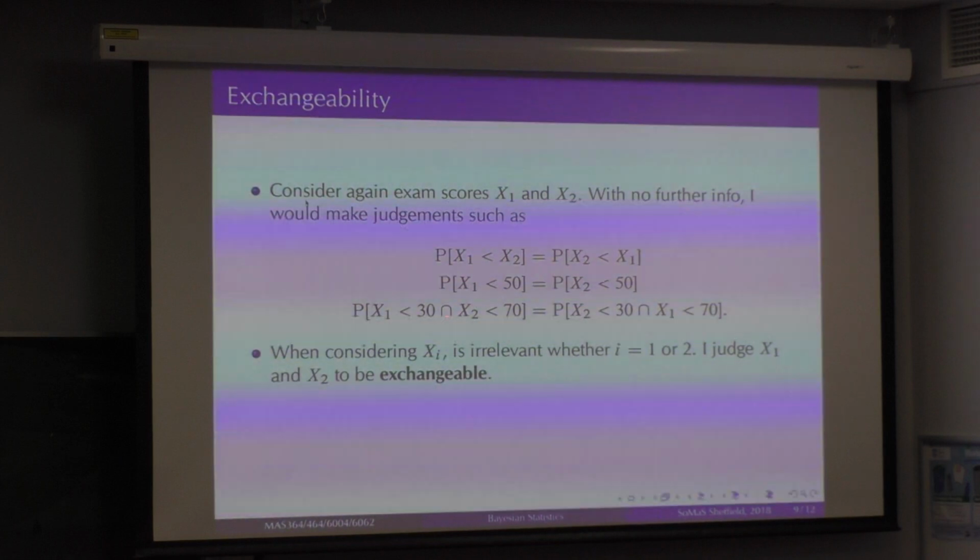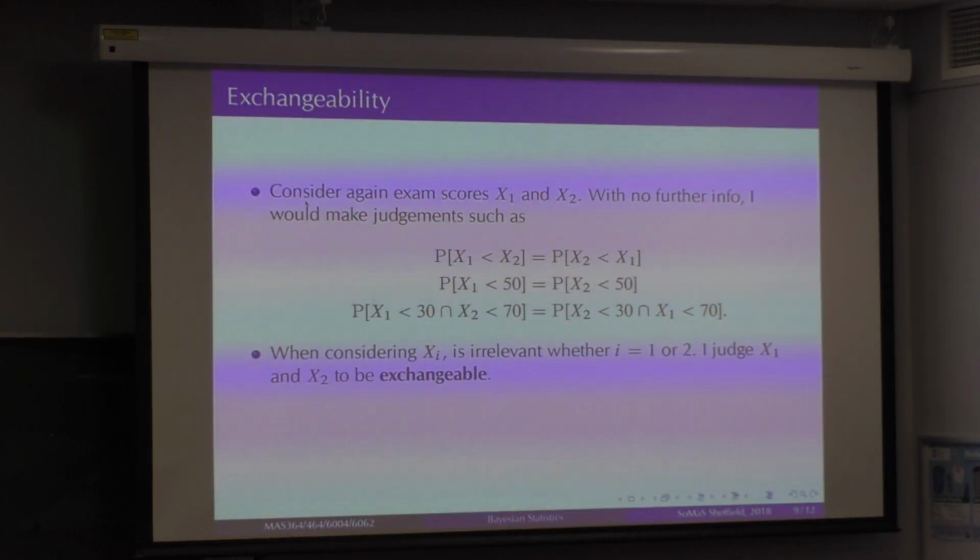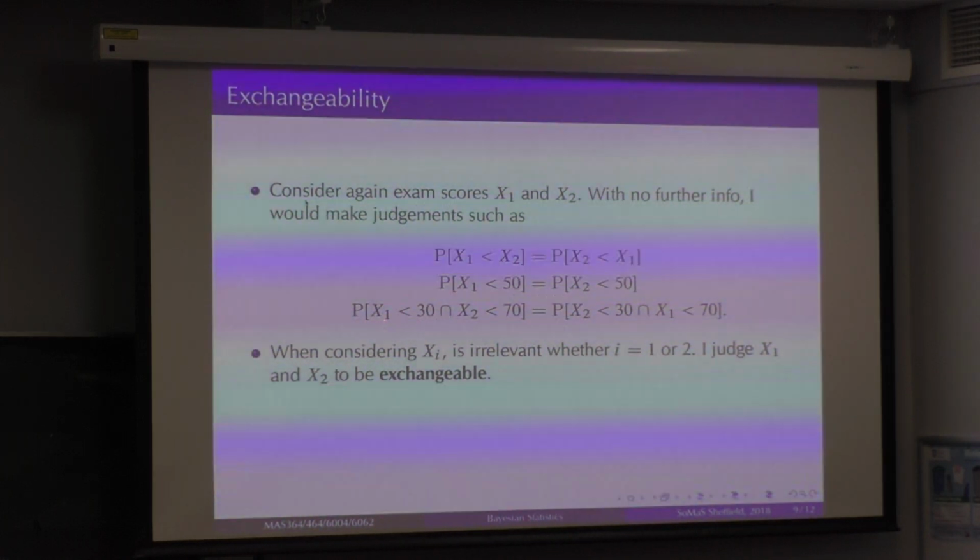Or the probability of the first score being smaller than 50 would be exactly the same as the probability of the second score being smaller than 50, right? Or any other probability statement in which you swap the indices 1 and 2, right?